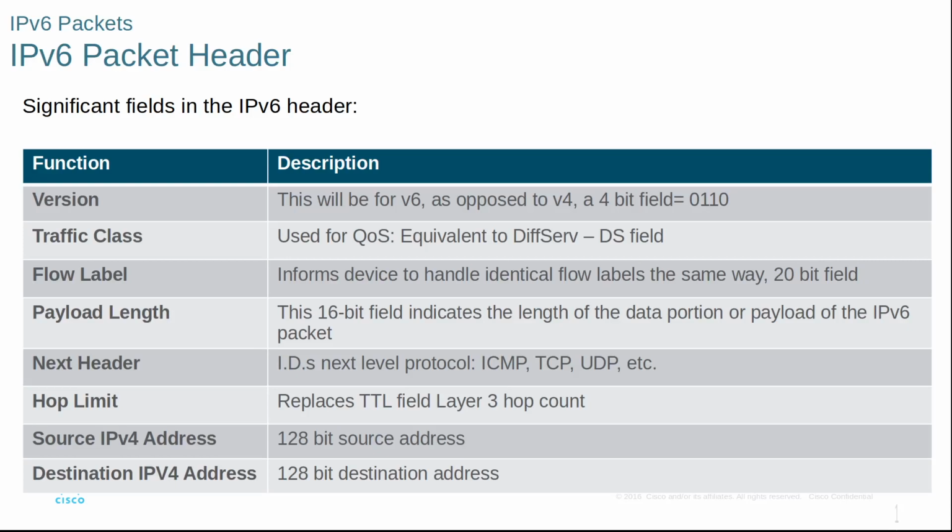Next header identifies the next level protocol. Hop limit replaces the hop count time to live field. Does basically the same thing though. And then your source and destination, that's a typo on the slide, it should be IPv6 address. Those are 128-bit addresses, not 32-bit, right?